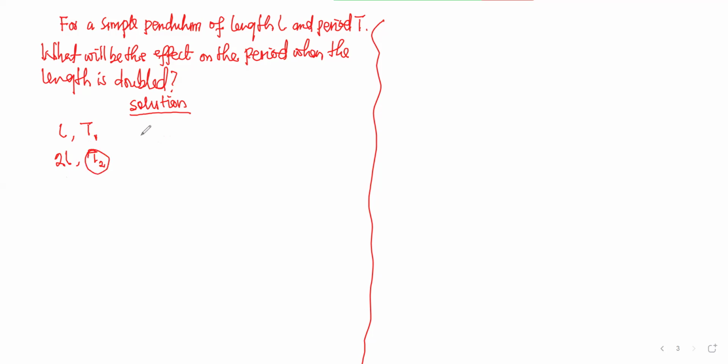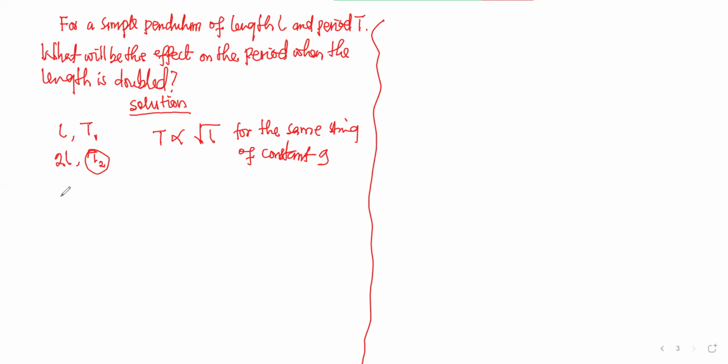So we just realized that T is directly proportional to root of L for the same string of constant G. Once the experiment is on the surface of the earth, of course, G will be constant.